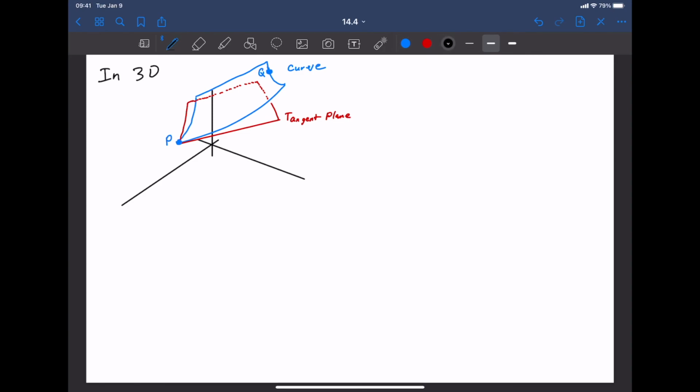So we can project these points down and talk about their coordinates in the xy plane.